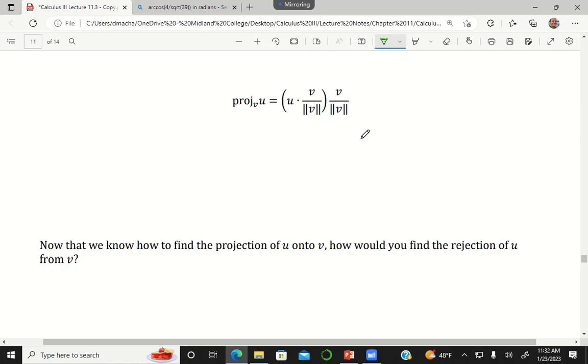If you took your vector u and you dotted it with the normalized vector v, and then multiplied it times the normalized vector v, that would give you the projection of u onto v. And since that's a dot product, everything inside the parentheses computes a scalar, right? And so this is a scalar times a unit vector. In other words, this right here, inside the parentheses, is the magnitude of the projection of u onto v. And so the dot product of u with the normalized v vector is what gives you the magnitude of the projection.